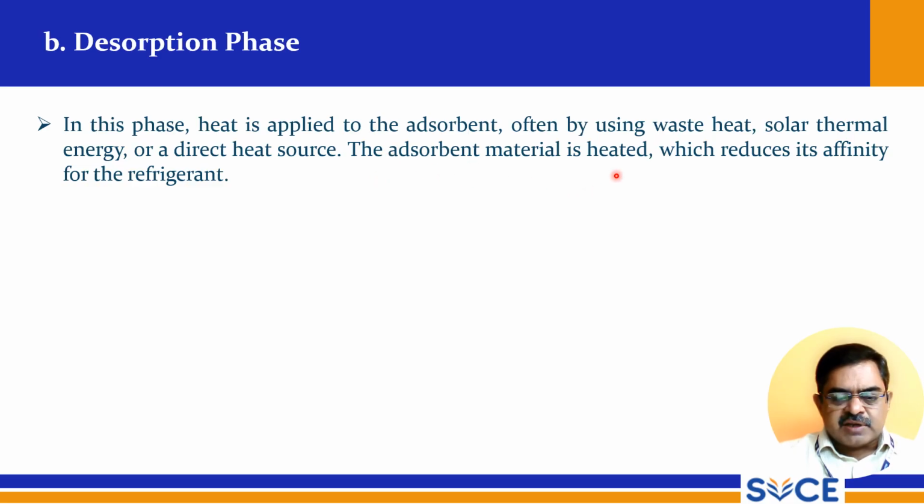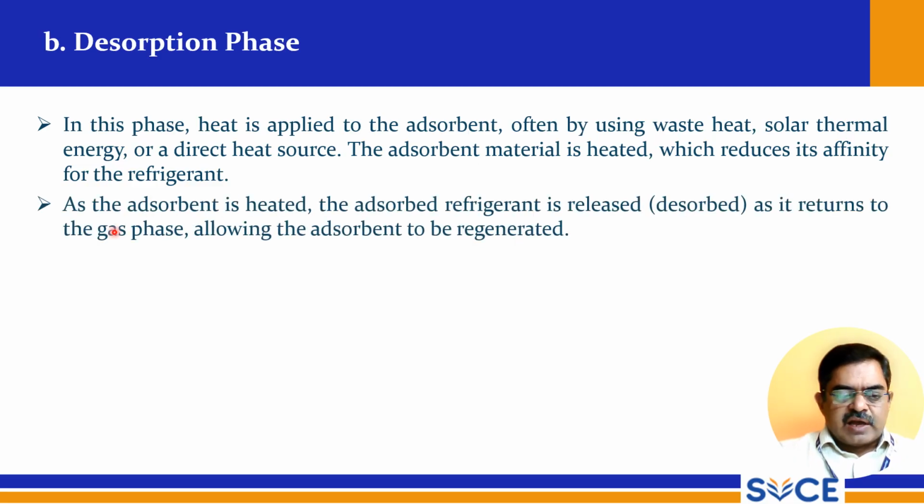The adsorbent material is heated, which reduces its affinity for the refrigerant. As the adsorbent is heated, the adsorbed refrigerant is released, returning to the gas phase and allowing the adsorbent to be regenerated.